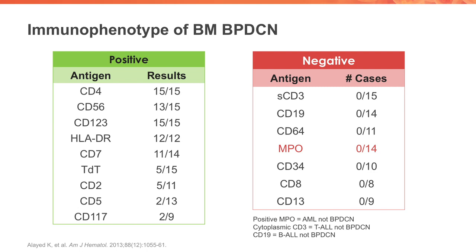However, they were negative for CD3, CD19, MPO, most importantly CD64, also CD34, CD8, and CD13. If you have positivity for MPO, this is most likely AML and not BPDCN. If CD3 is positive, this is more likely T-ALL and not BPDCN. And CD19 highlights B-ALL and not BPDCN.